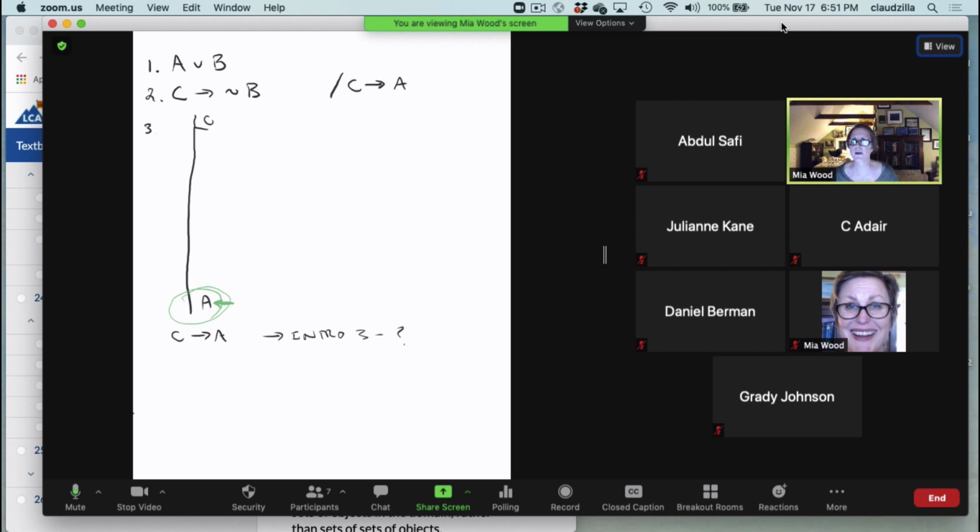But that might end up being more work than you really need to do. So you look around and you say, oh, I notice that A happens to be the left side of this disjunction at line 1. So if I assume that I have A, I can reiterate it. And I also notice, if I assume B, hello, contradiction.